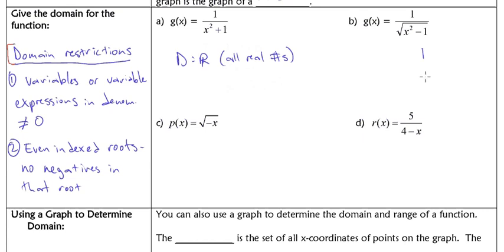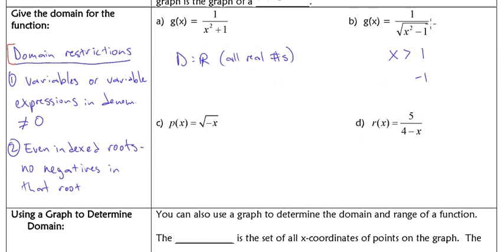So if x is bigger than 1, is that going to be okay for us? Numbers like 2, 3, 4, those are all going to work out because 2 squared would be 4, 4 minus 1 is 3, and the square root of 3 doesn't give us 0 in the denominator, and it's not a negative number. So any number that x is greater than 1 will work out for us.